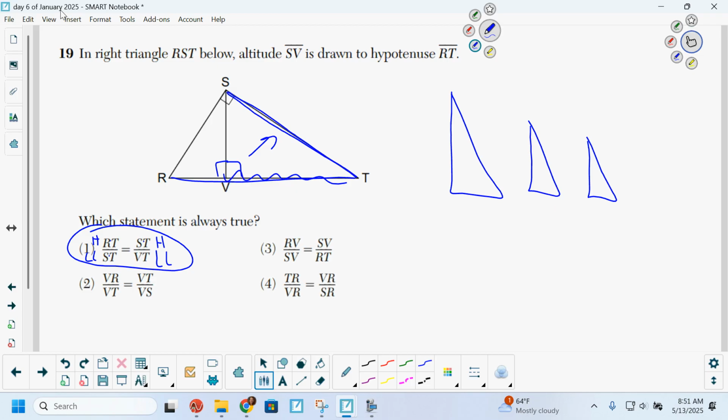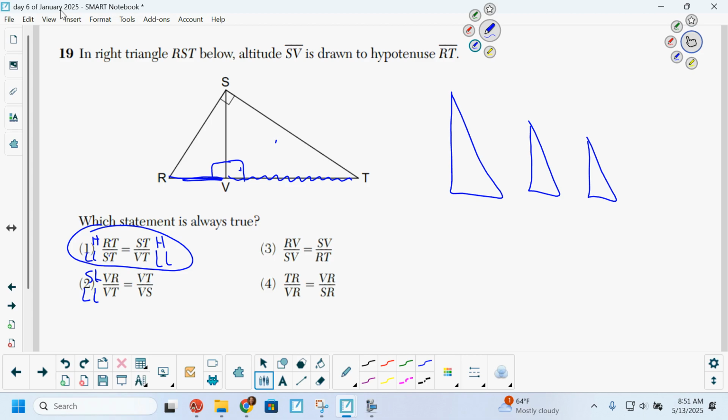But let's do one more just to show how something would not work out. So let's look at number 2. I've got VR. VR would be the short leg in the small triangle. And VT would be the long leg in the medium triangle.